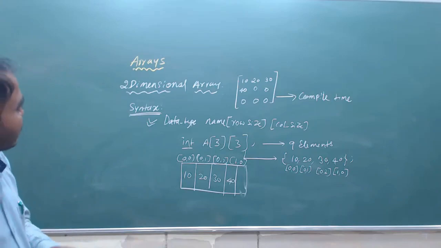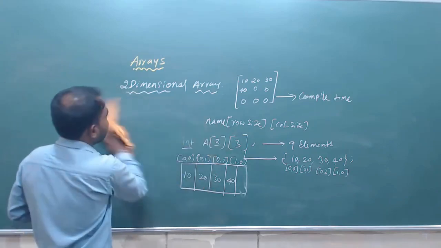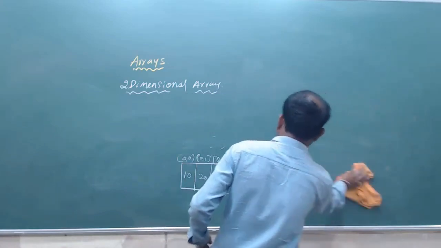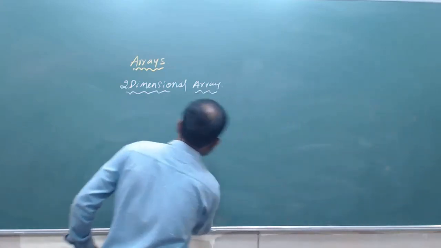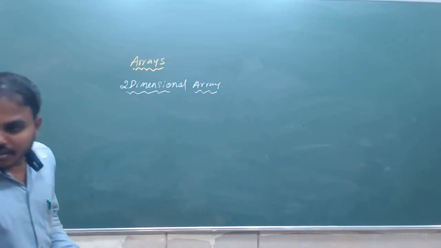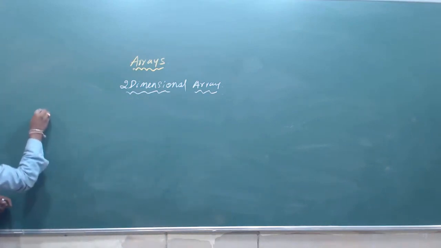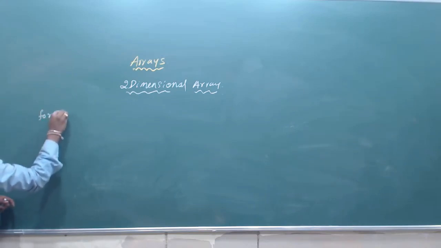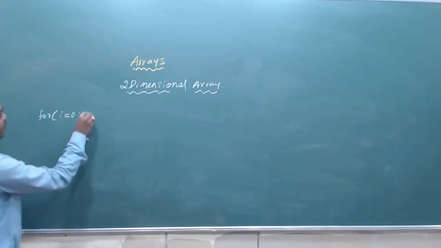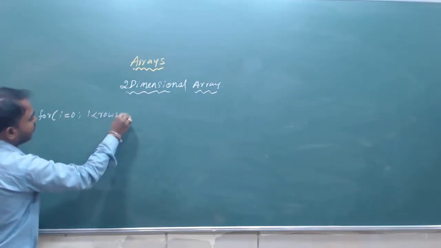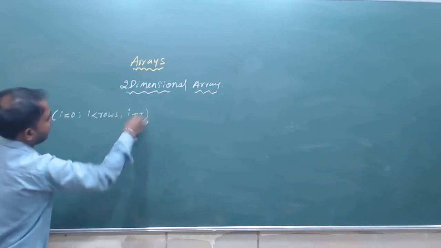That we'll see by using some small code. So let me go from here. For i is equal to 0, i is less than row, i plus plus.